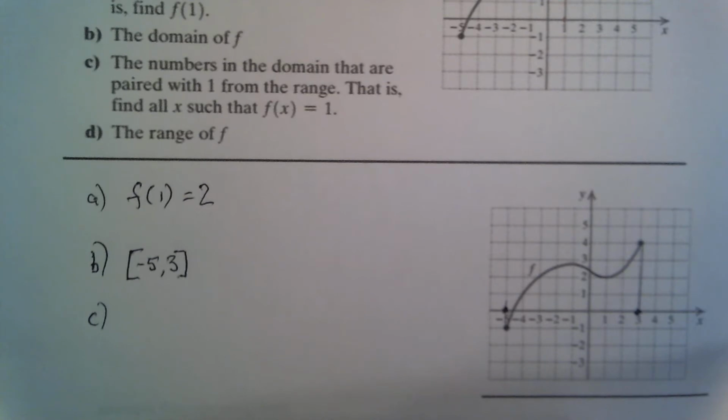It's at this point here, and the corresponding x value is -4. So x equals -4. Or another way of saying it, f of -4 equals 1.